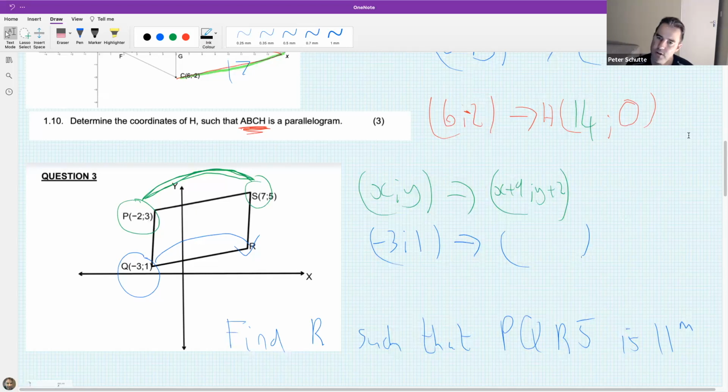So -3 plus 9 is 6, and 1 plus 2 is 3. And so this point will need to be 6, 3. That's it. So again, I'm going to move on now because it's just a method I wanted to show you, but I think it's very helpful in finding the missing point when you want a parallelogram.